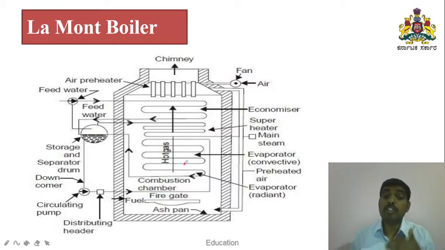Heat is transferred to these tubes, then the water contained in the tubes will be converted into saturated steam, which flows again to the drum, where the separation will occur. The moisture contained in the steam comes down and is separated, and the dry steam flows to the superheater.